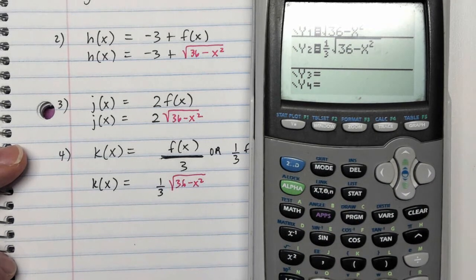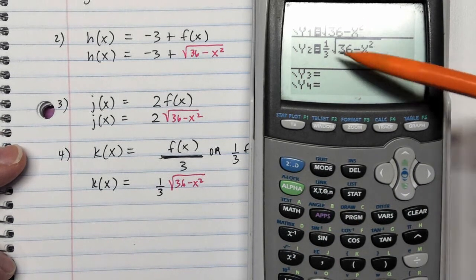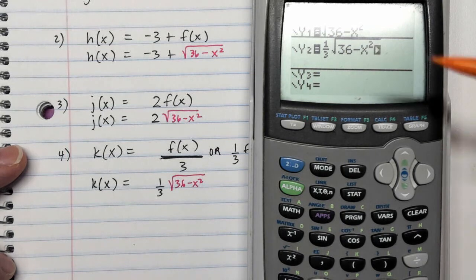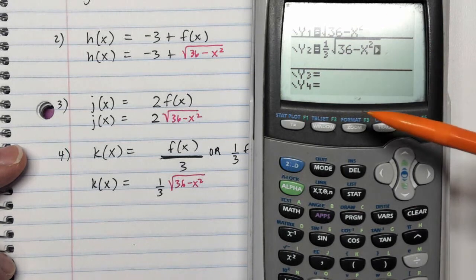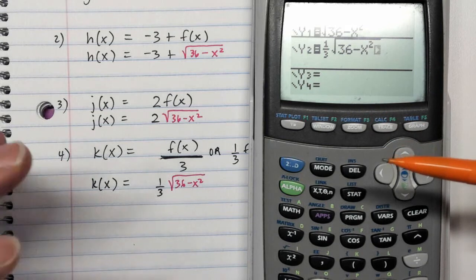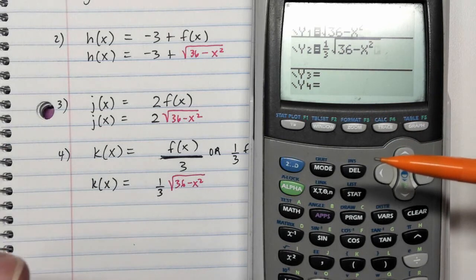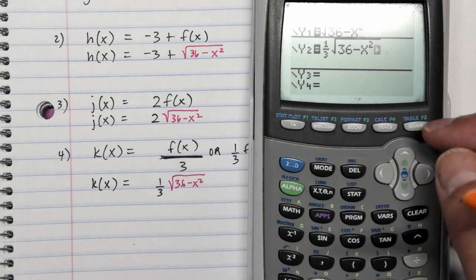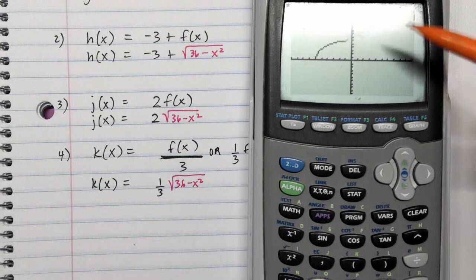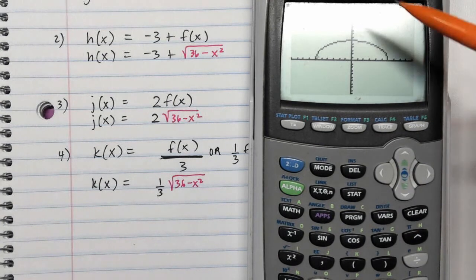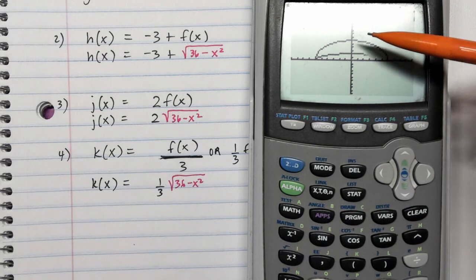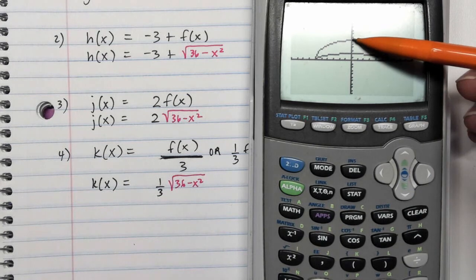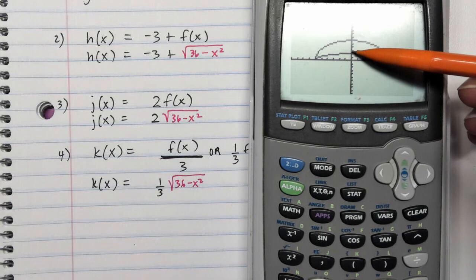Okay, so original function, semicircle with a radius of 6. The transformed function is a vertical dilation by a factor of 1/3, so it should get shorter by a factor of 3. So here, this is a 6, the original one, right? Now it's a 2.